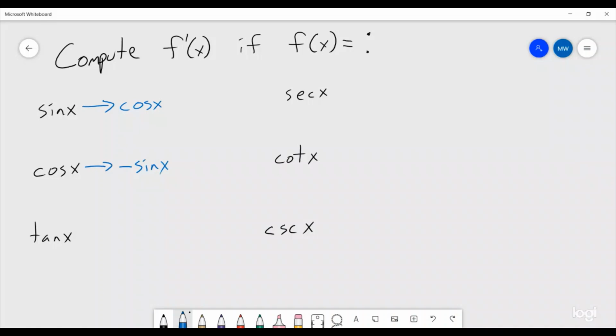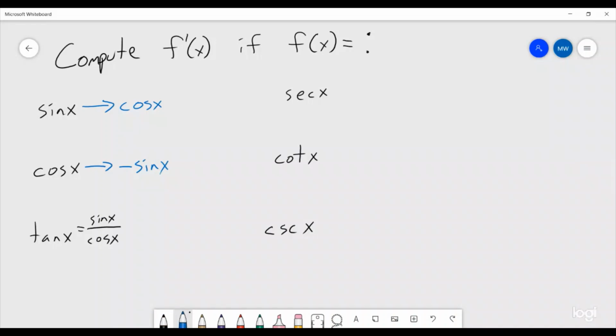Okay, so now we are going to figure out what is the derivative of tangent of x. Well, tangent can be written as sine x over cosine of x, which means that the derivative can be computed using the quotient rule.